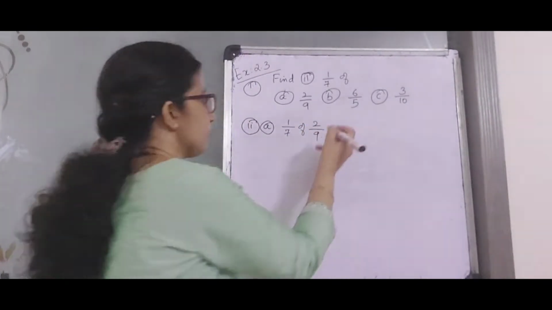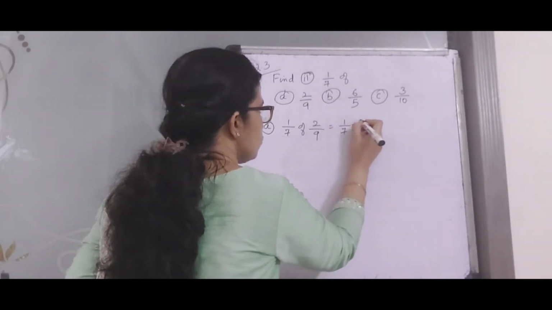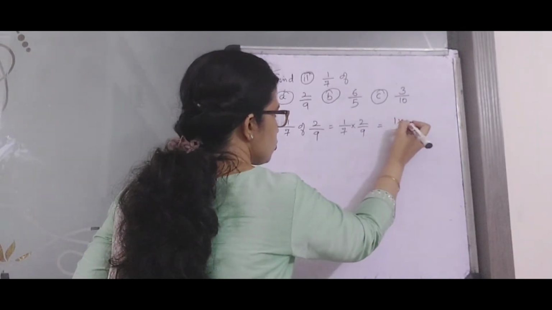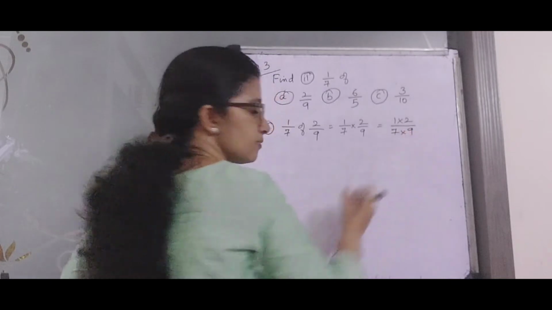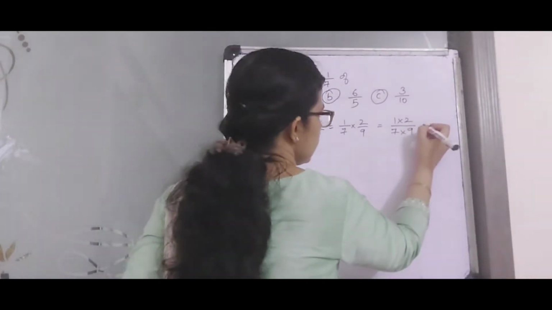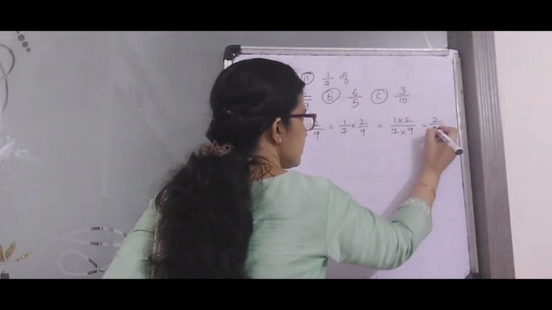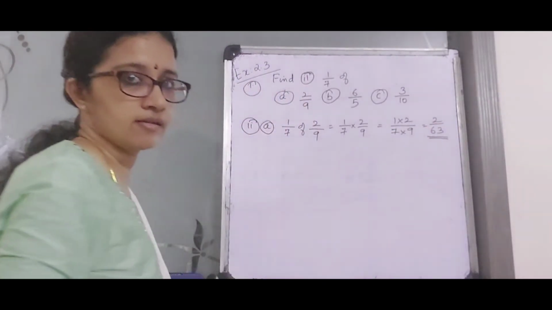Just like the previous part, this can be written as 1 by 7 into 2 by 9, which is equivalent to 1 into 2 divided by 7 into 9. Which can be written as 1 into 2 is 2, 7 9s are 63. 2 by 63 is the answer.